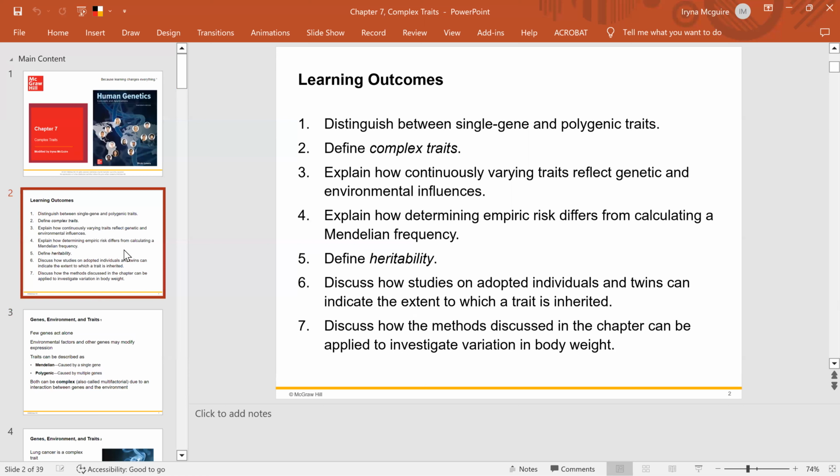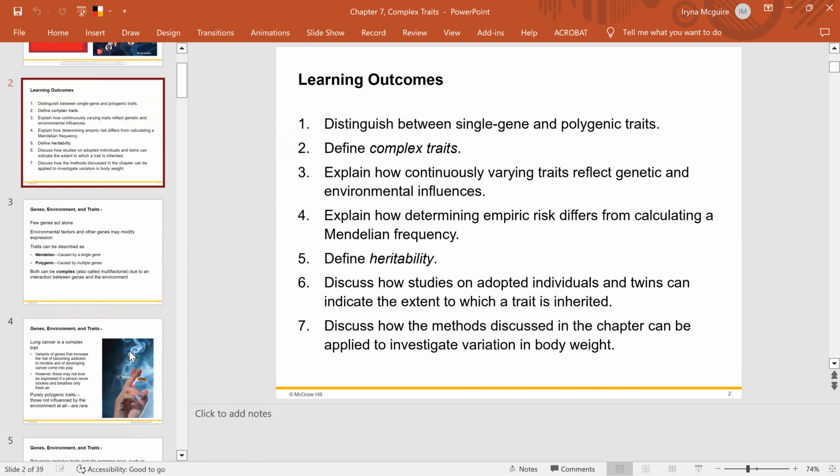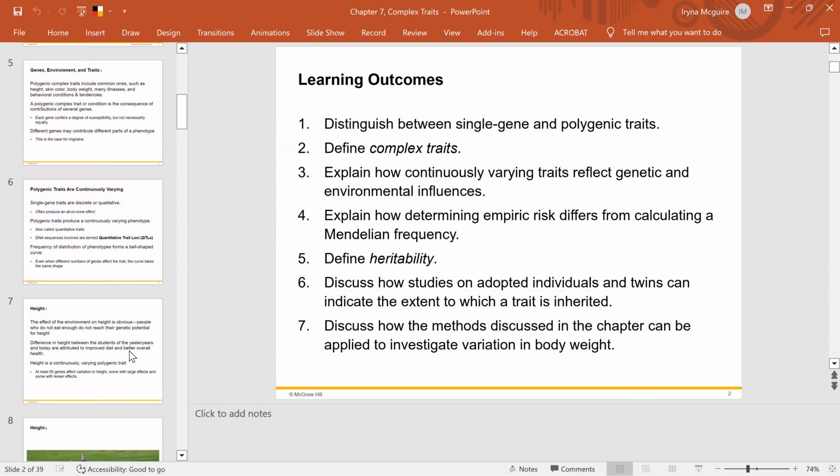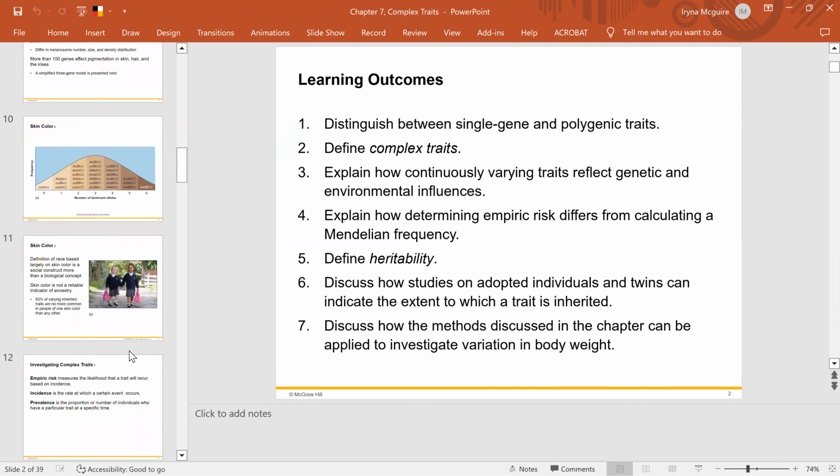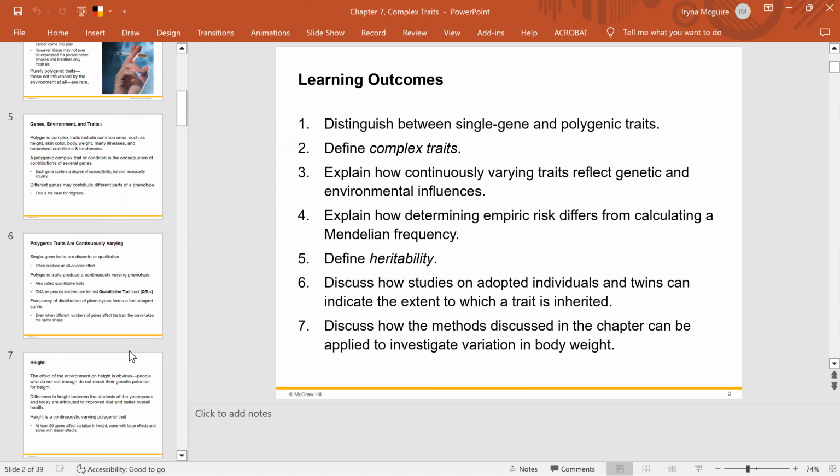We said that many traits are determined by more than one gene. Plus, traits can be complex, and complex means the environment will play a role. Now, heritability, going back to it. What is that?